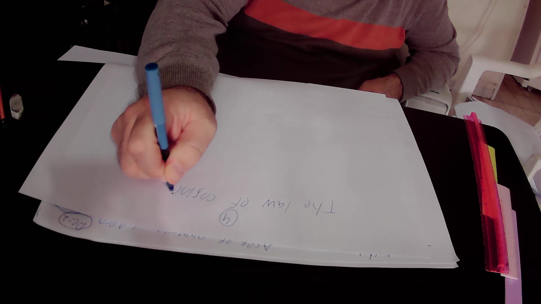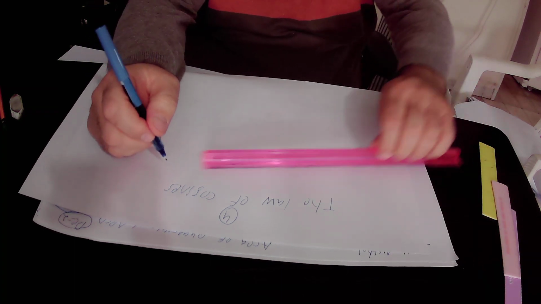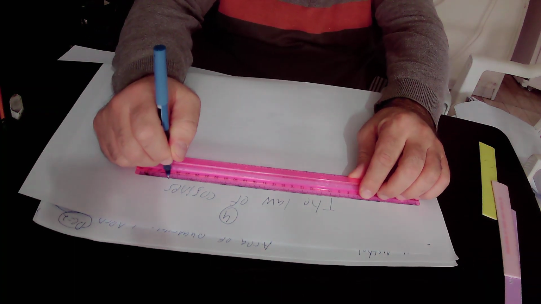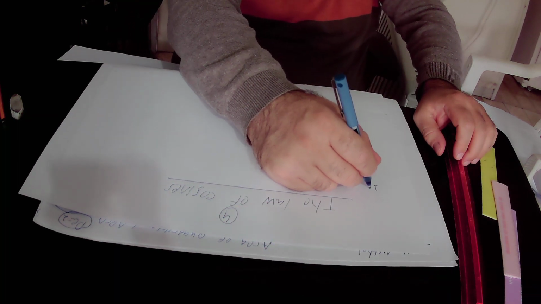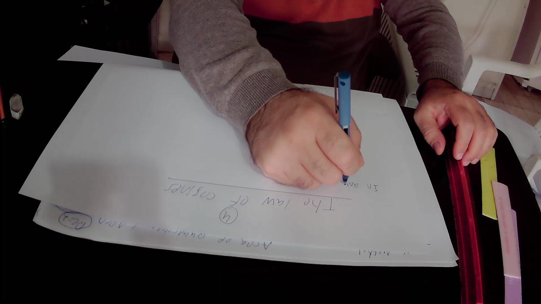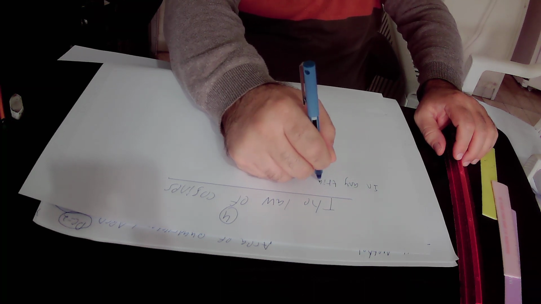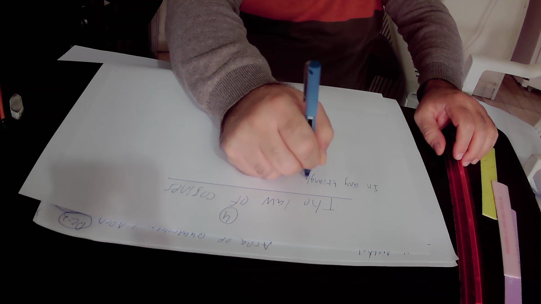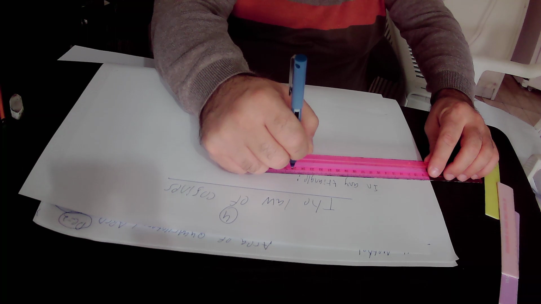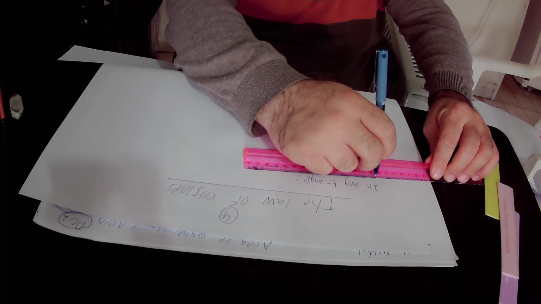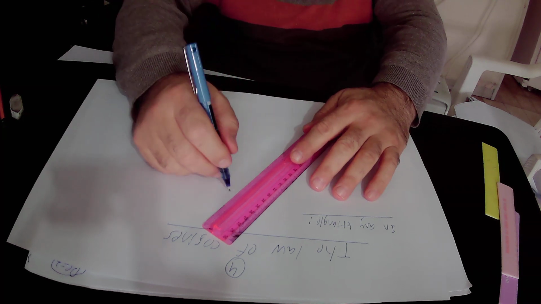First of all, the law of cosines is true in any triangle. You can use it in any triangle, so actually if we have triangle ABC, that could be any triangle.